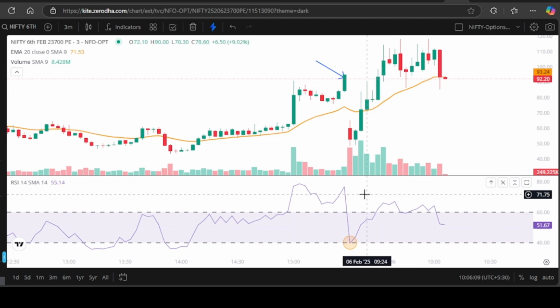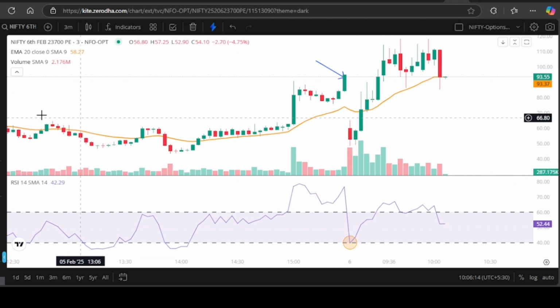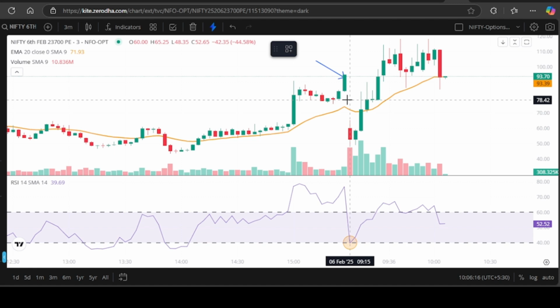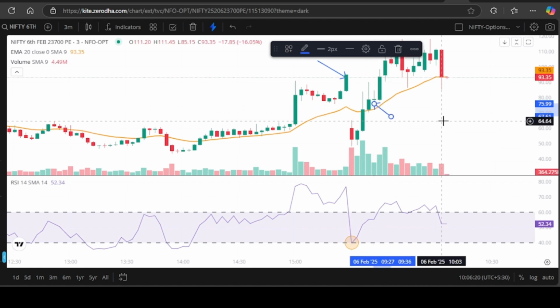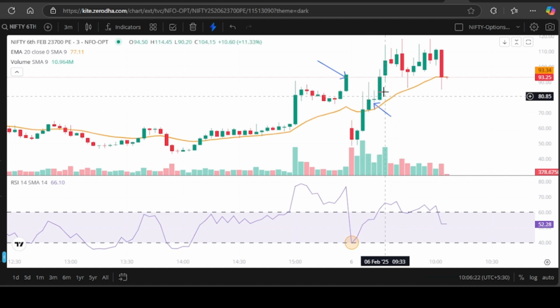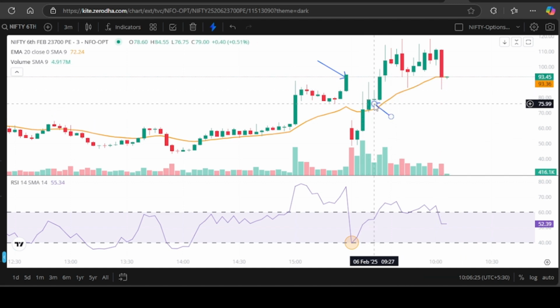I usually tell everybody that whenever we see such candles, let me mark that for you again. We see these kinds of candles where the body is very small.